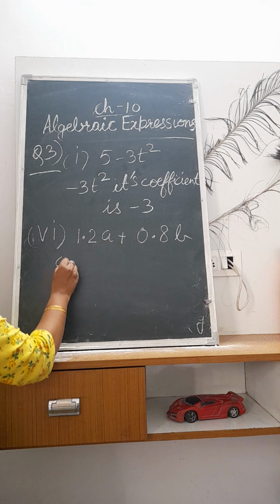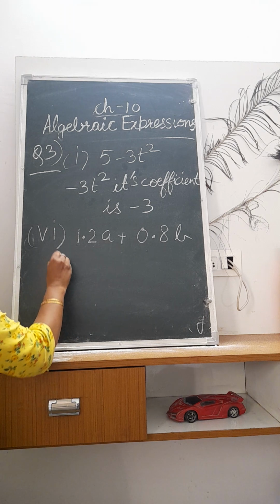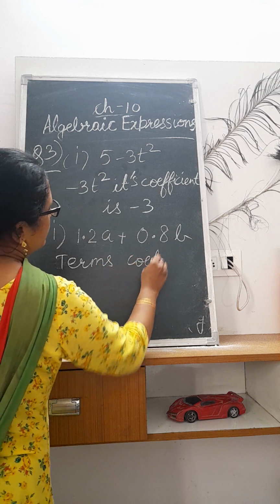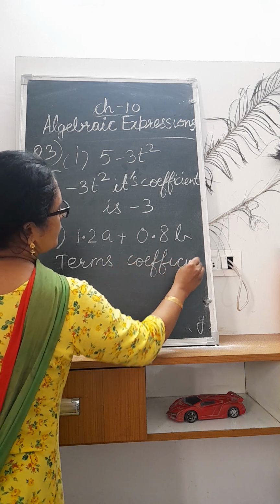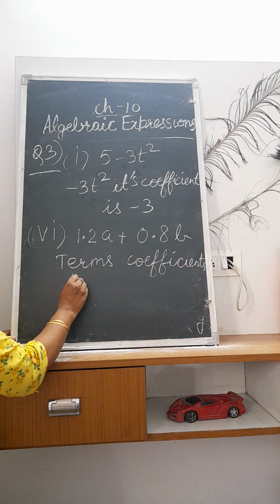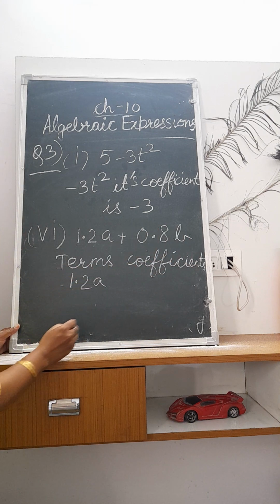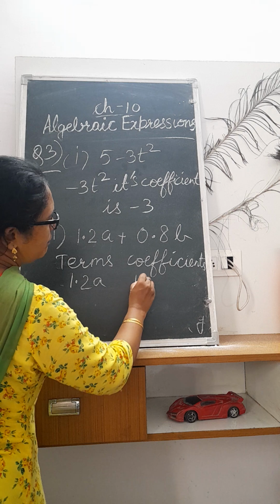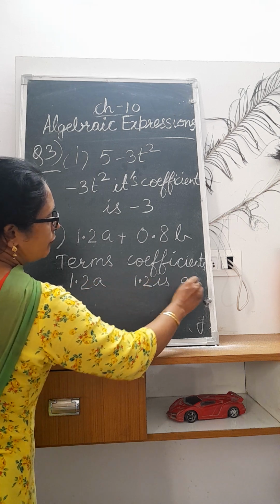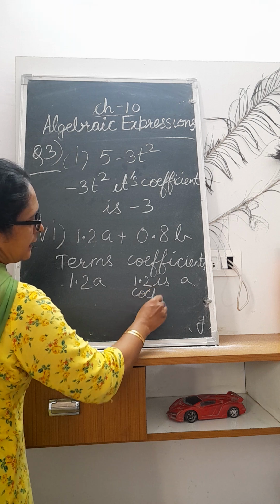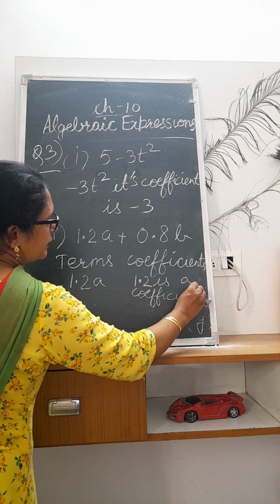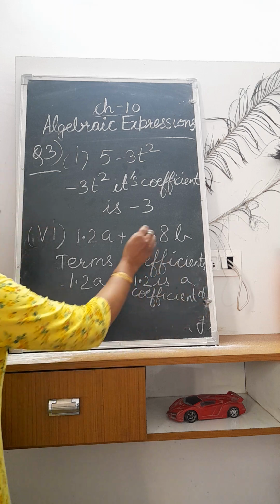We will write down the headings, terms and coefficients. The term 1.2a is a term, so the coefficient is 1.2. 1.2 is the coefficient of a.